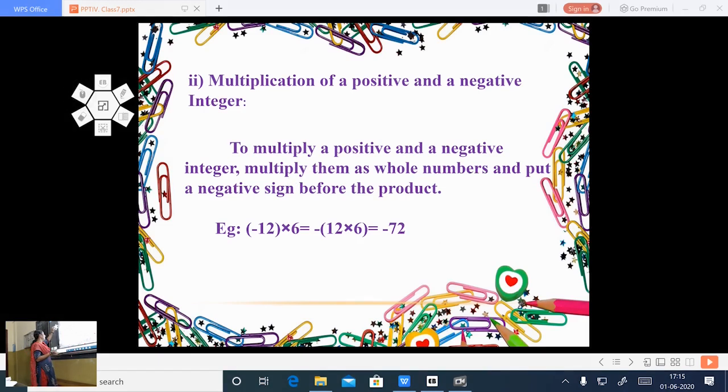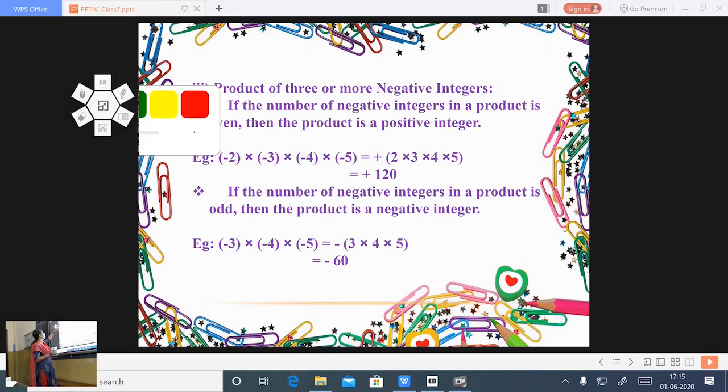So our third case is the product of 3 or more negative integers. There are two cases. First one, if the number of negative integers in a product is even, then the product is a positive integer.